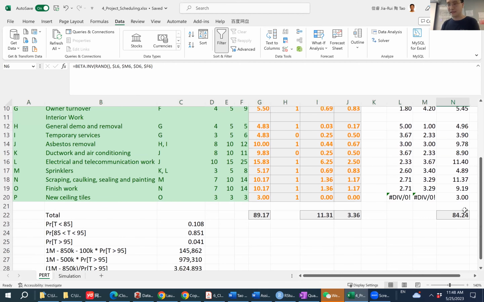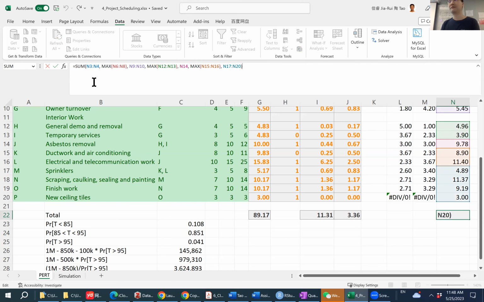So using the same idea, I calculated the total duration. As you can see here, the total duration is a sum of some individual durations. And I picked whichever is the longest one when we have a branching structure. So instead of subjectively choosing one of the equal durations when we have a branching structure, this time we were able to pick the largest one, where I used the max function.